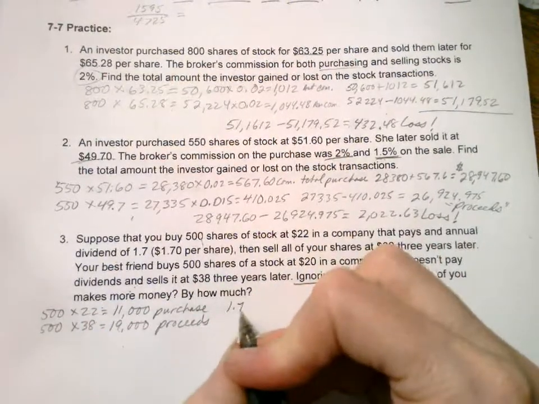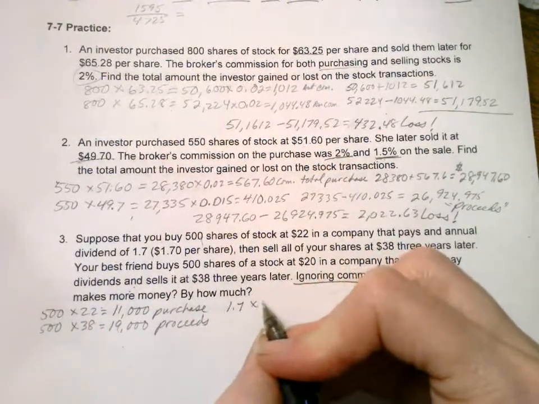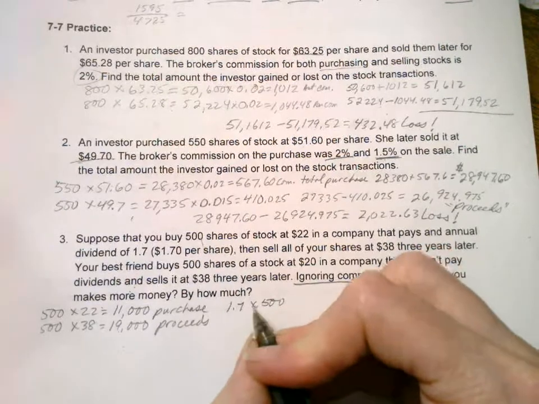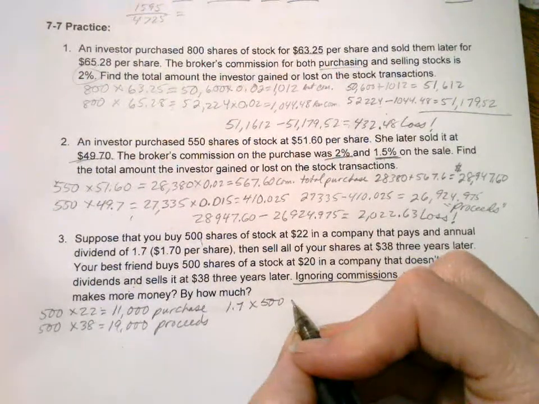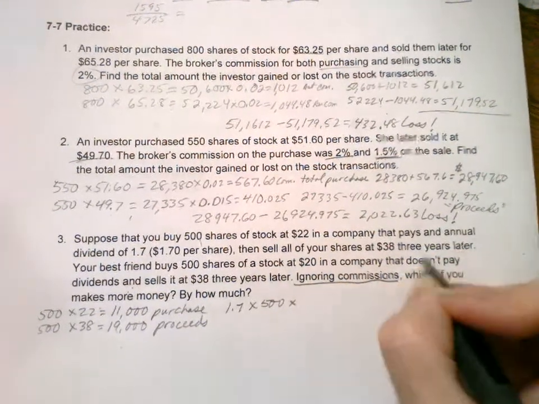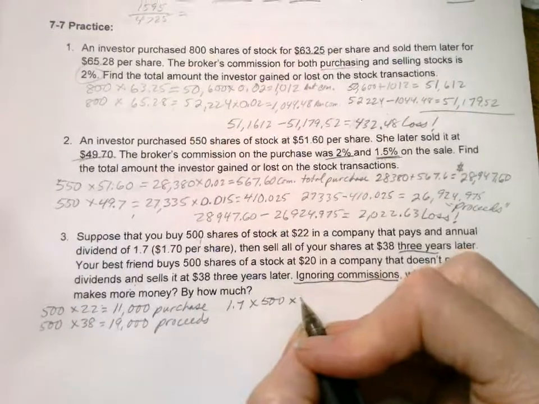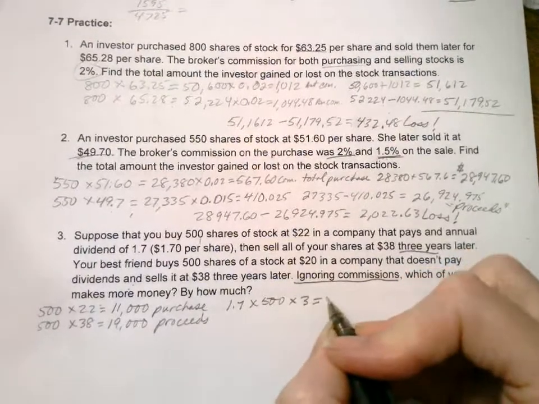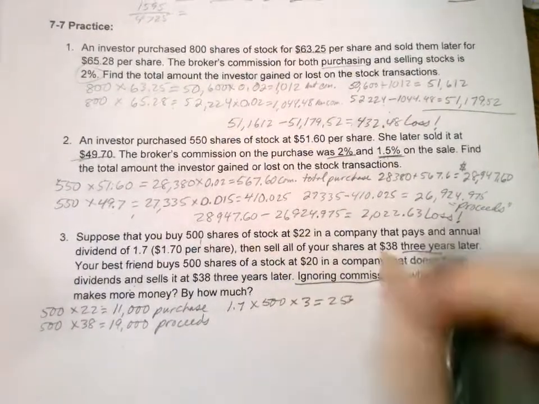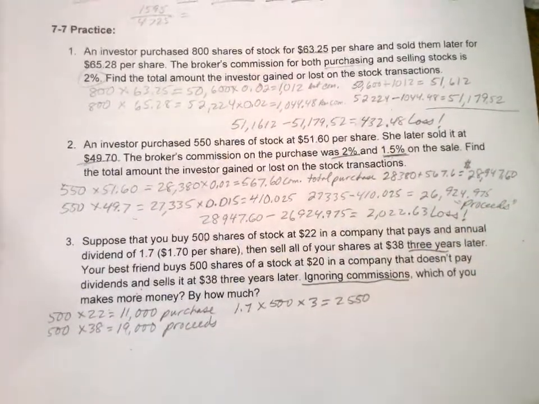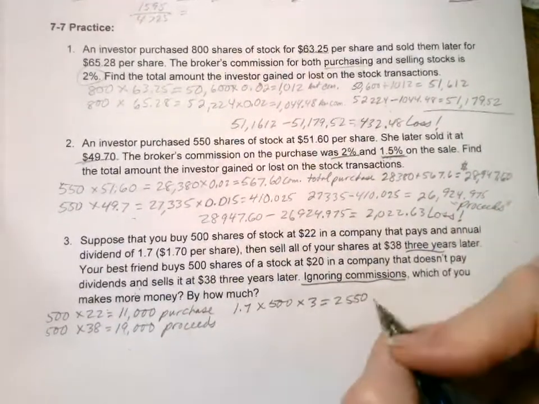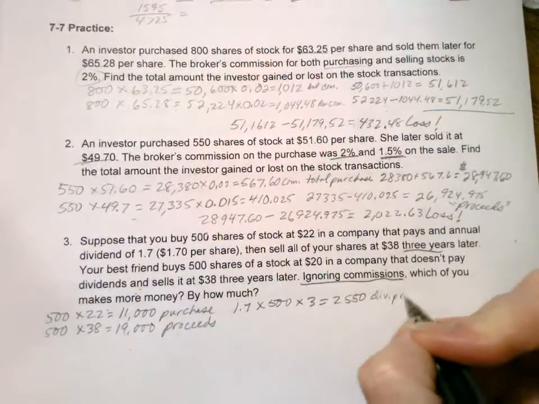What did it say? 1.7 times 500 shares that you had, 3 years later. So you had this for 3 years. So these are dividend profits.